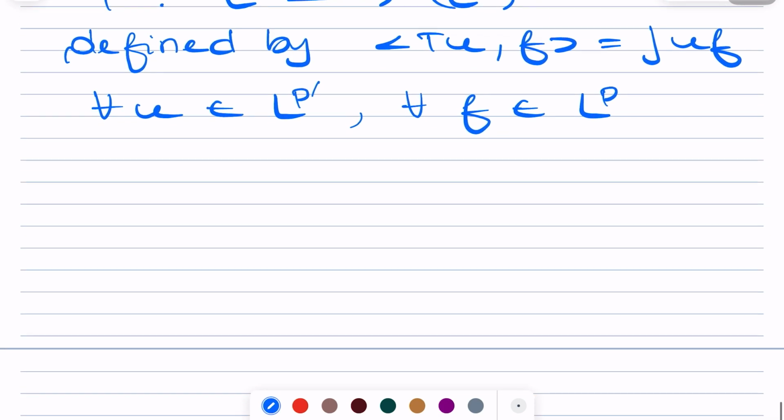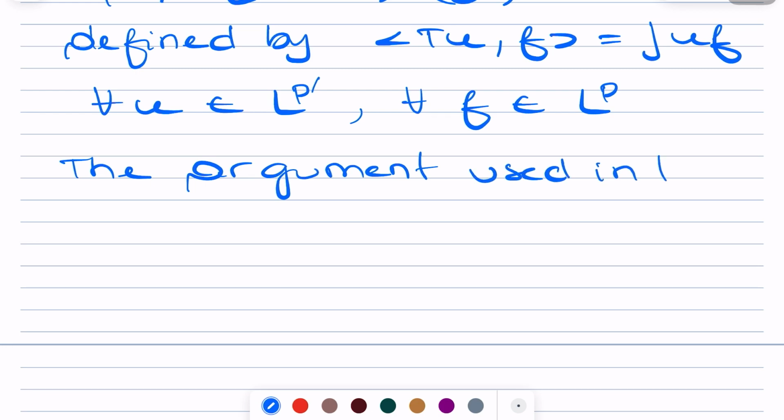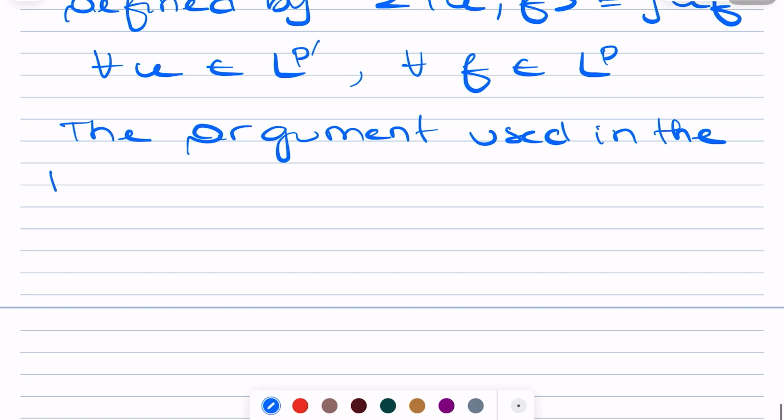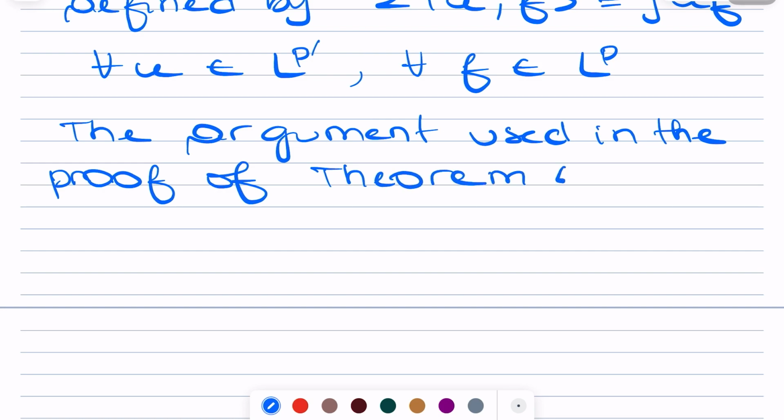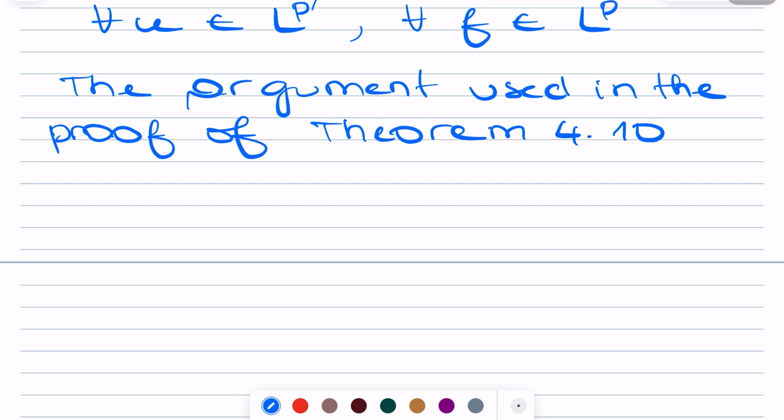So the argument used in the proof of, I think it was theorem 4.10, about the reflexivity of LP space. So this was actually step 3.